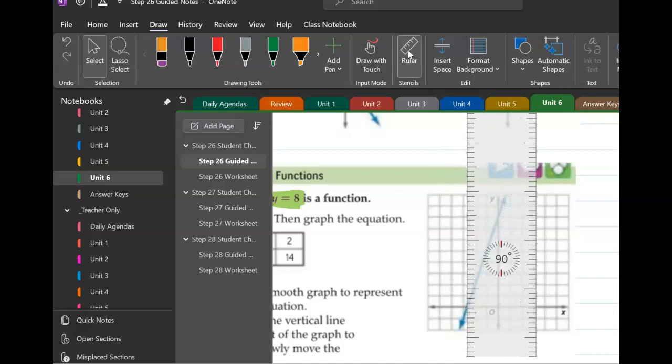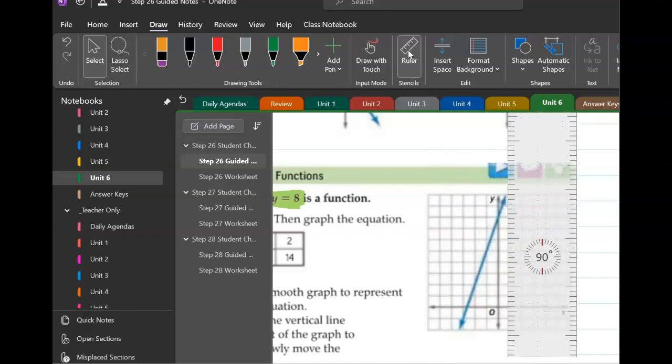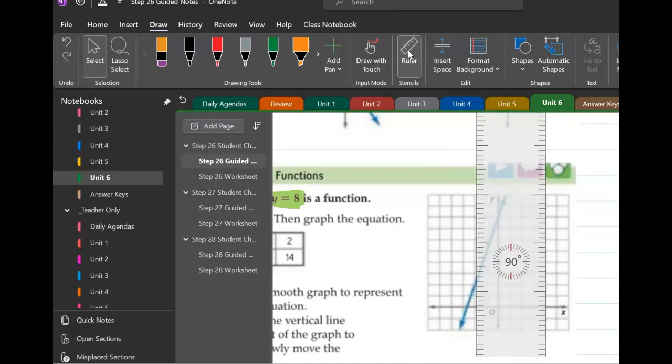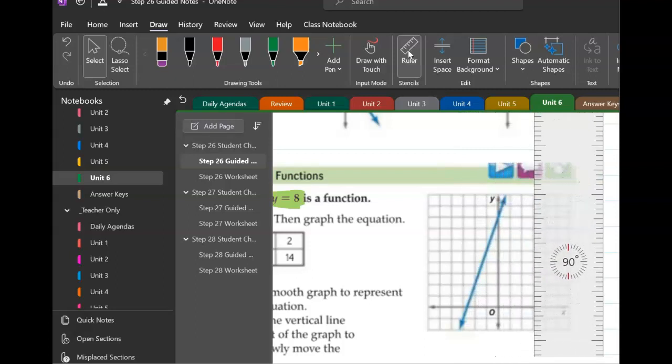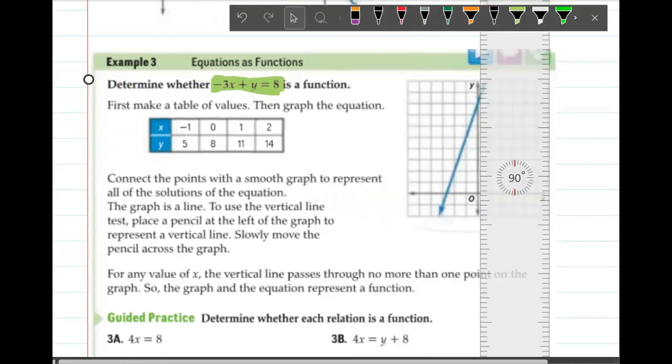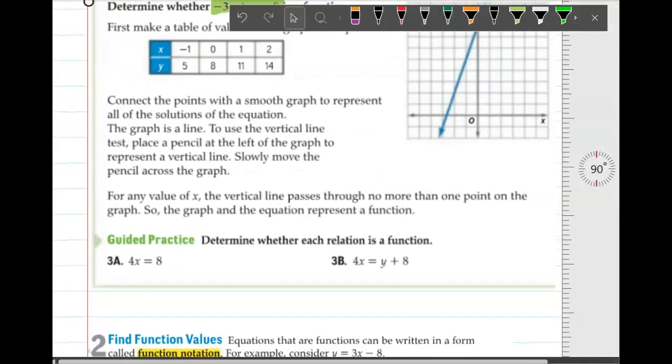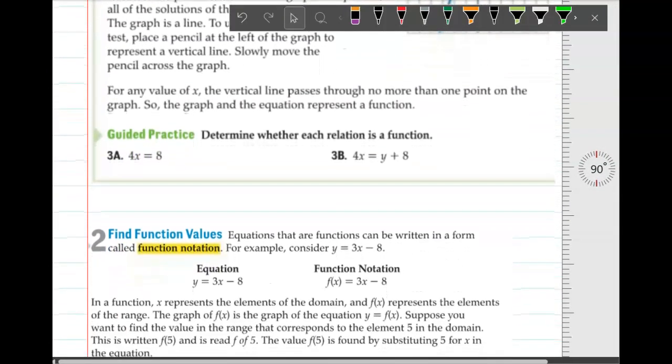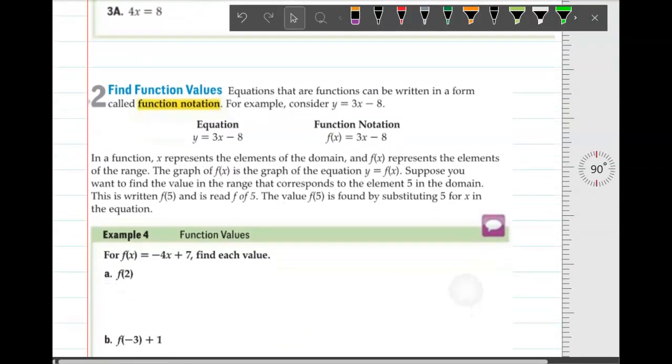As I pass my ruler across the graph, it never hits the blue graph more than once at a time. So it is considered to be a function. And you could do the same with either of these, 3a or 3b, by graphing them as well.